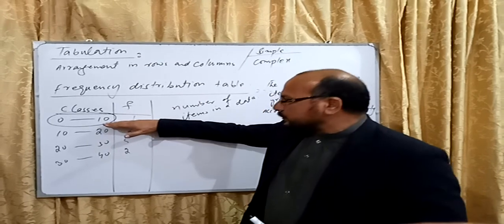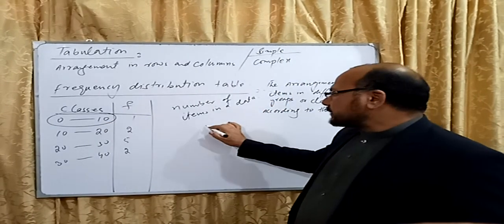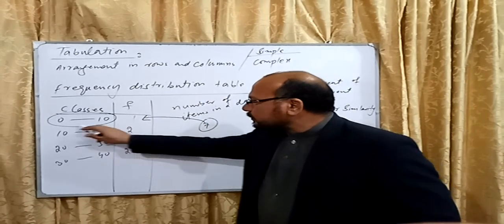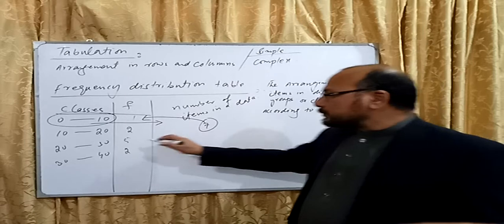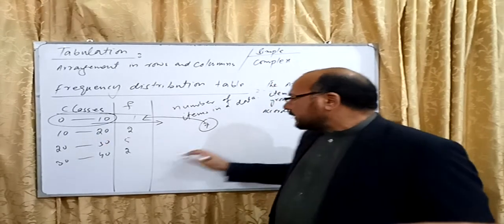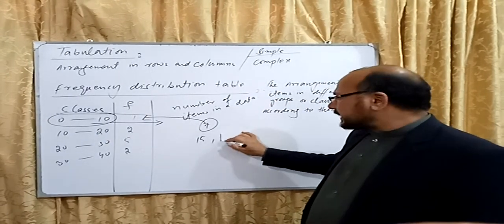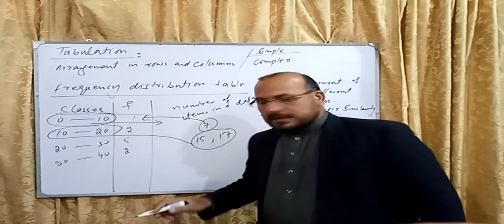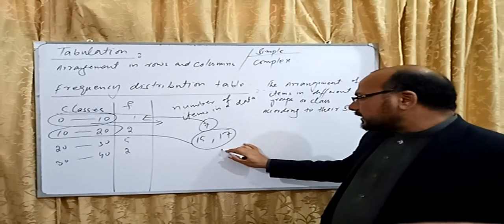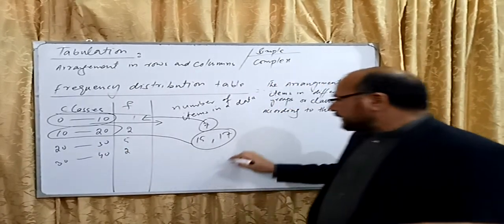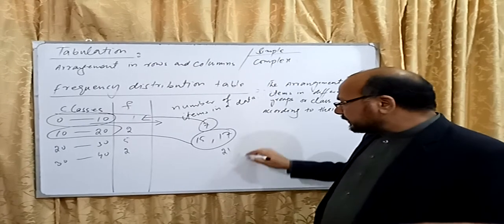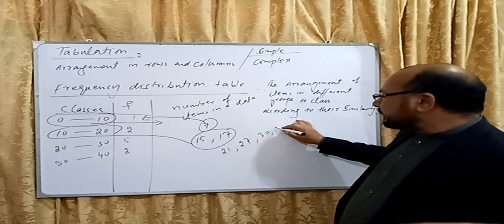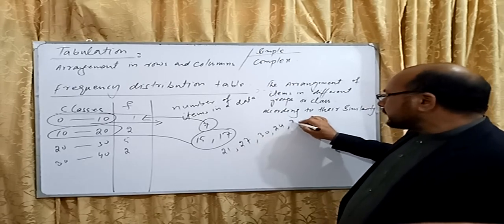For example, we have a student having mark 7, so one student lies in this particular group. Two students have marks between 10 and 20, suppose one has 15 marks and another has 17 marks, so two students lie in this group. Another 5 students have marks between 20 and 30, like 21, 27, 24 or 22 marks.